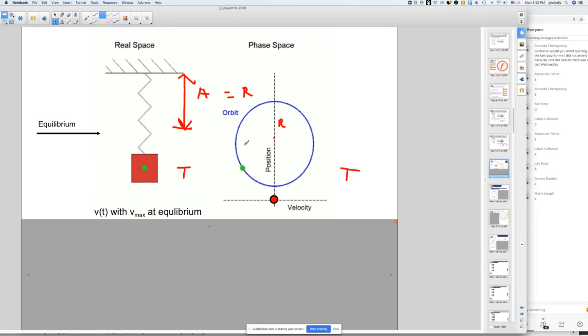Tough. It looks tough. But here it's not tough. What's the period for this object going around in a circle? Period is how much time for it to go around once. Well, that'll be pretty simple. The period should be distance divided by velocity, 2 pi r.